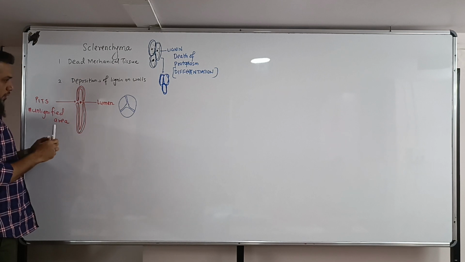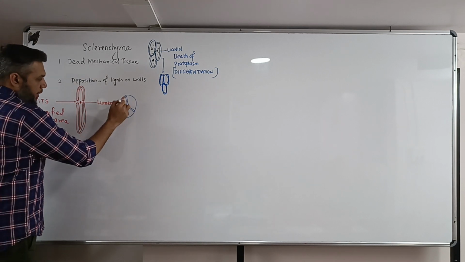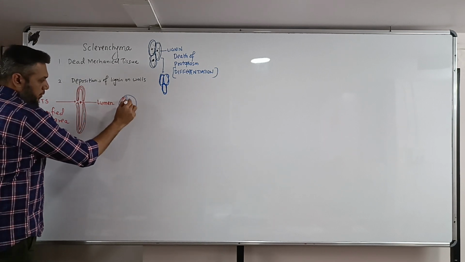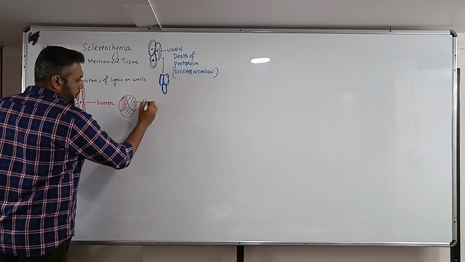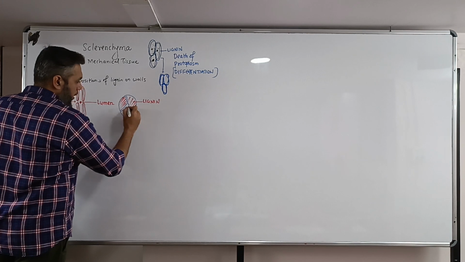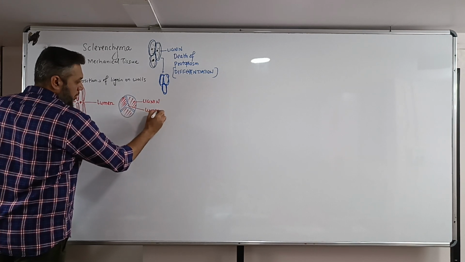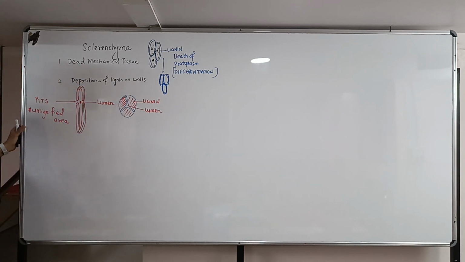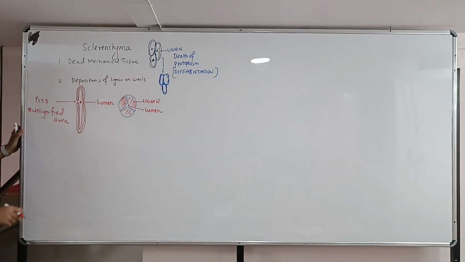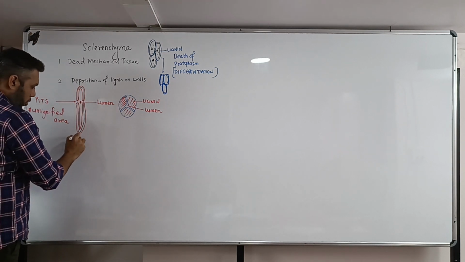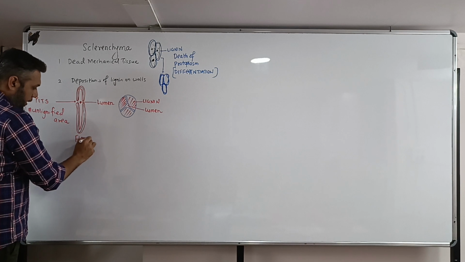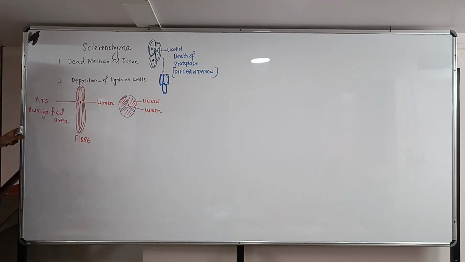So the walls are highly lignified, and the lumen is very narrow. So when the cells are elongated and they are tapering with lignified walls but a broader lumen, it is called a sclerenchyma fiber.